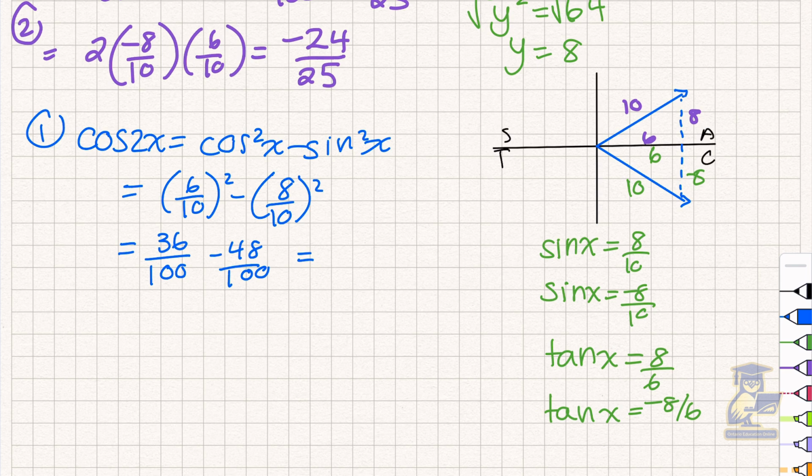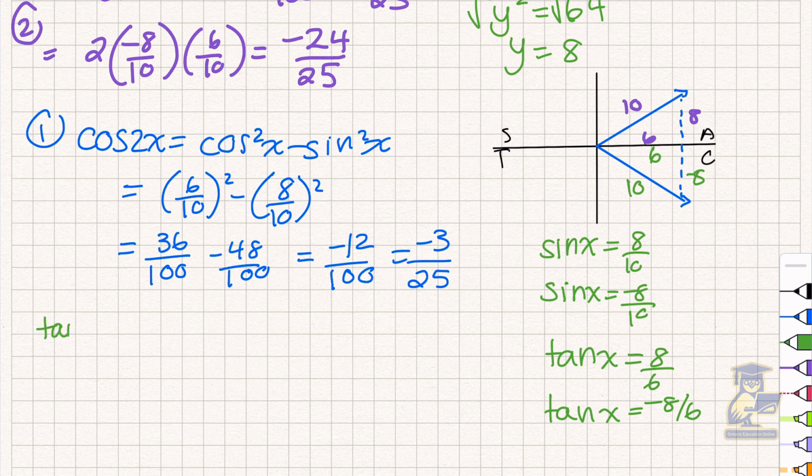So we got negative 12 over 100, which is negative 3 over 25. And then for the last one, we'll have two answers as well. For this one, we don't have to worry about the two answers. We'll get the same value.